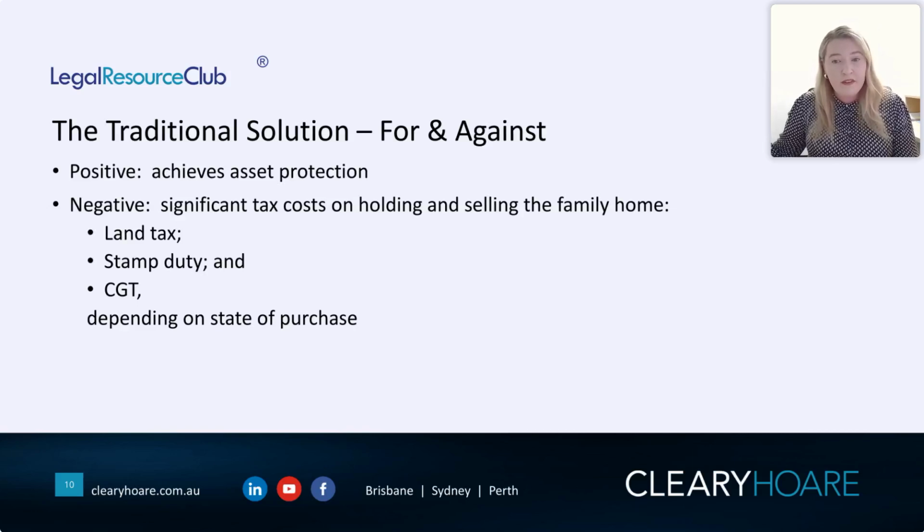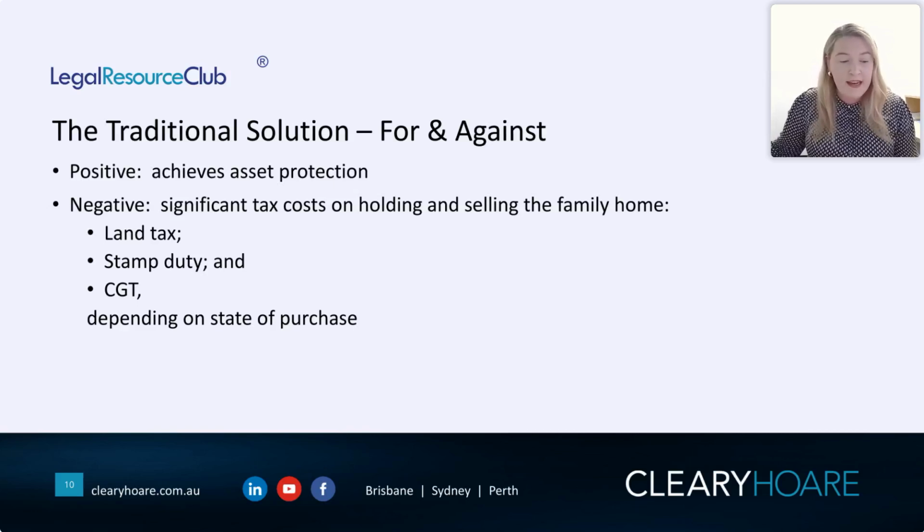Another tax cost would be stamp duty, and that would be where an individual already owns a property in their personal name and they're thinking of moving it into a discretionary trust. Even though they're effectively wearing both hats on either side of the transaction, it would still be a dutiable transaction and there would still be stamp duty payable by the trust on the market value of that property.